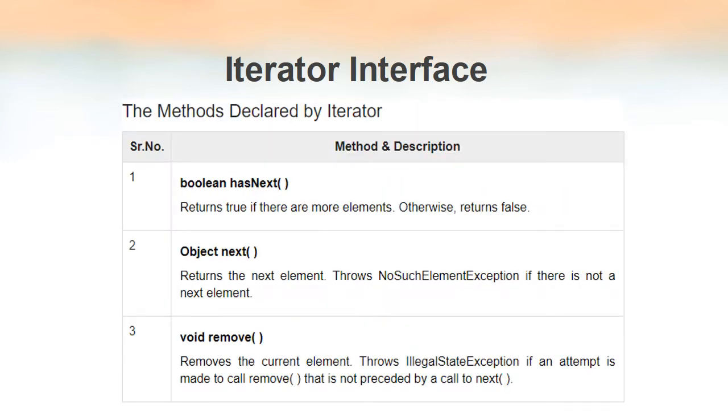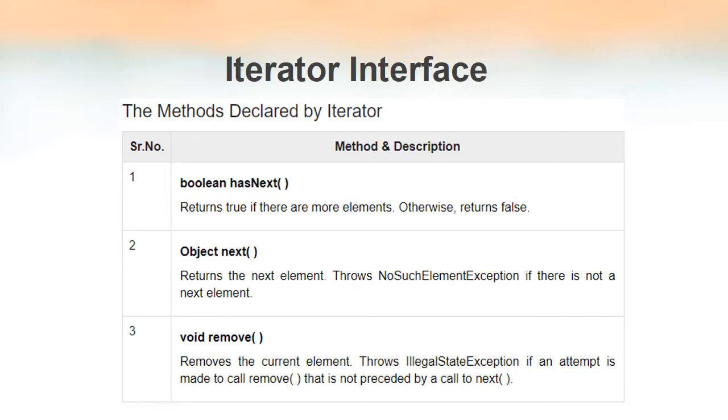These are the explanations of the methods inside the Iterator interface. We have the boolean hasNext method. This method returns either true or false depending on whether there exists any element inside the collection or not. Then if you want to get element by element from the collection, we have to use the method next. If you want to remove an element from a collection, we can use the method named remove.